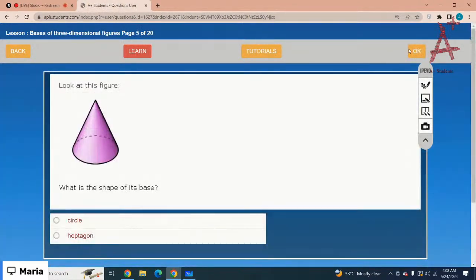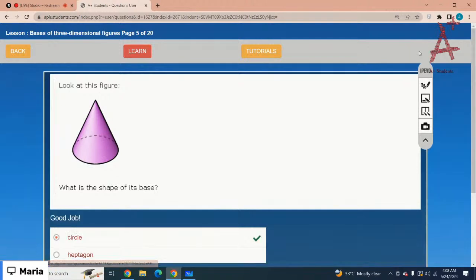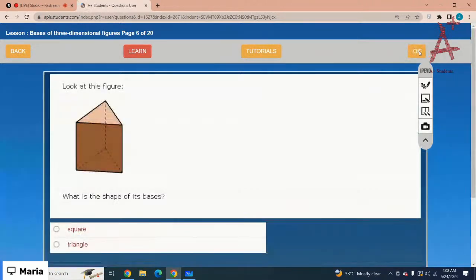Okay, look at this figure. What is the shape of its base? That is cone, and cone has base that is circle. Okay, look at this figure. What is the shape of its base? So, which is the correct option? Square or triangle?